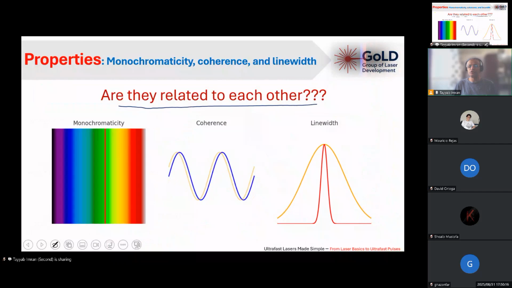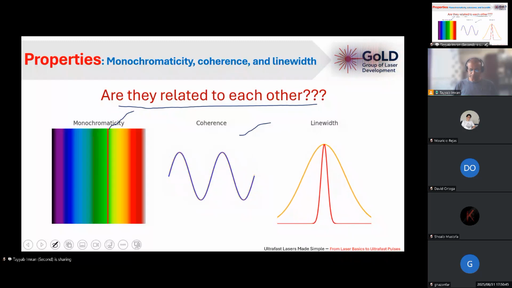Monochromaticity, as I told you, is one color, one wavelength. Here you can see this line moves through different shades of the green wavelength. And here this is coherence. You can see somehow it's shifting.